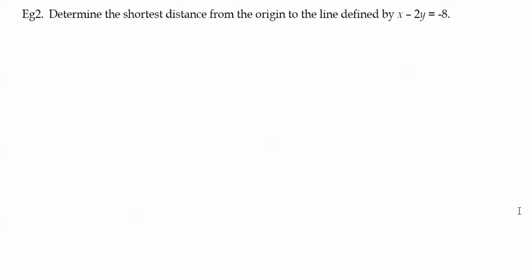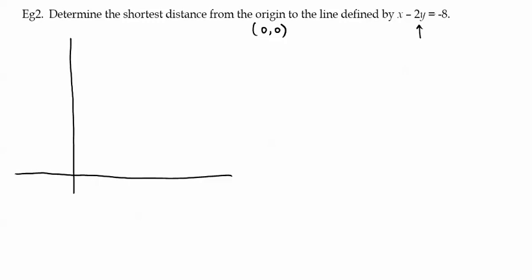For example number 2, instead of giving you a random point on the graph, we are now having a point at the origin. Origin as in 0, 0. And I want to create a line that will give us the shortest distance from the origin to the line here.